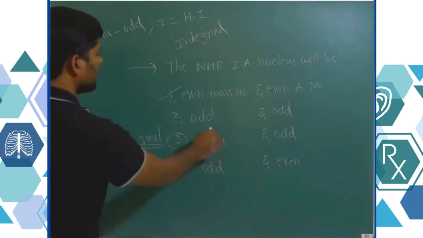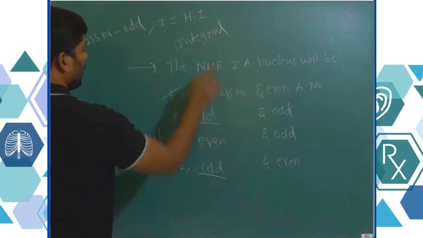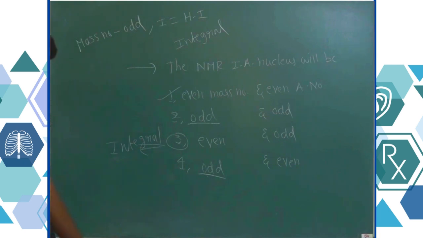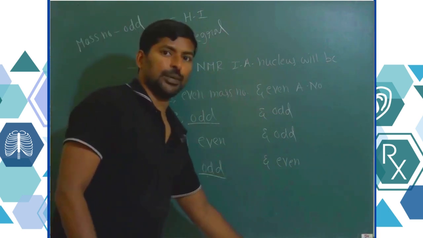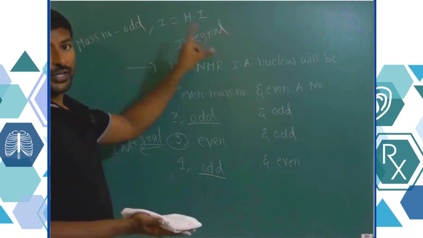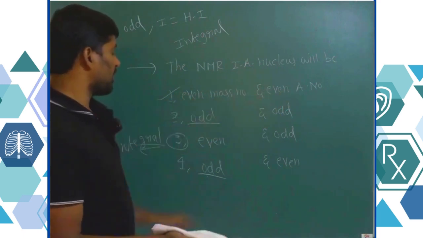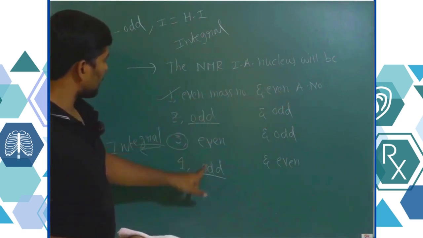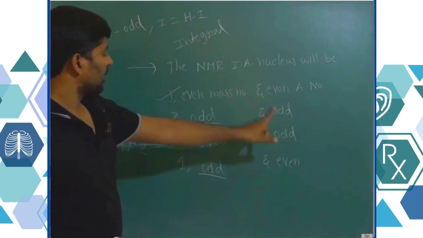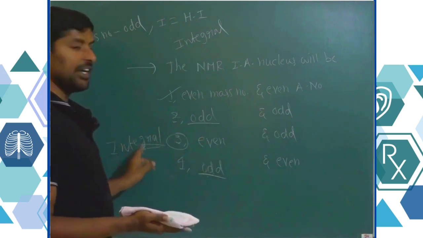This is another criterion to give the nuclear spin quantum number. So we can give it based on the number of protons and neutrons, and another way is based on mass number and atomic number. Both even, I is equal to 0. If mass number is odd, half-integral only. If mass number is even and atomic number is odd, then we have integral spin.